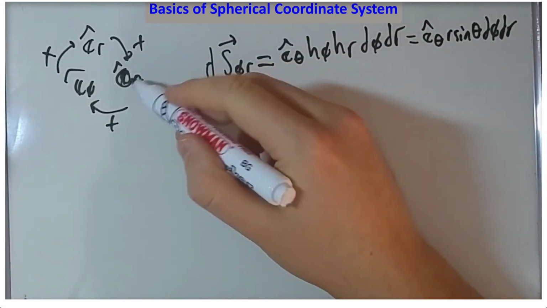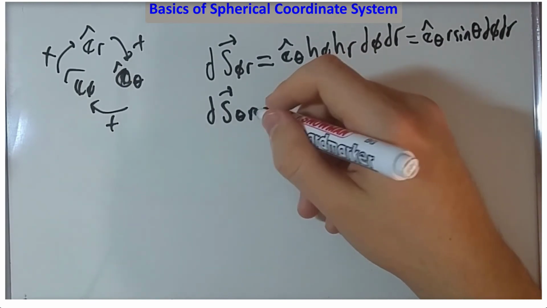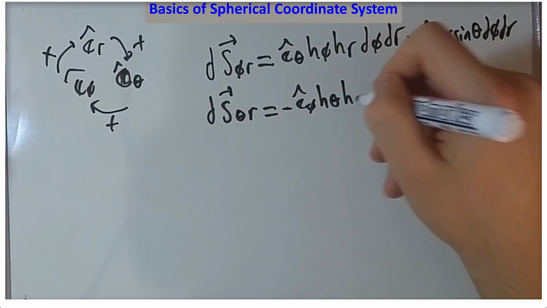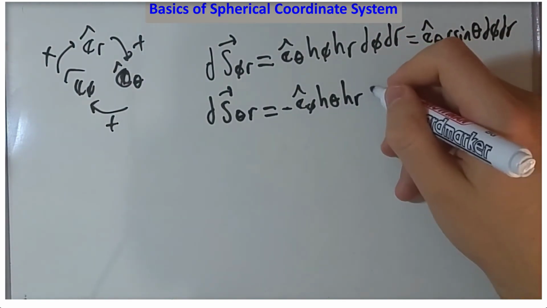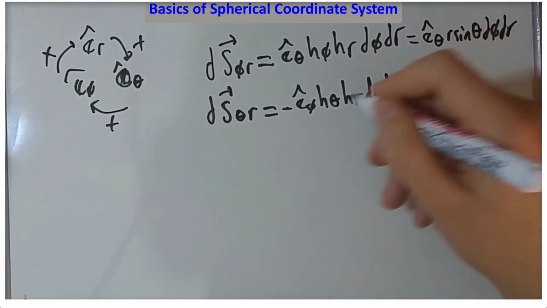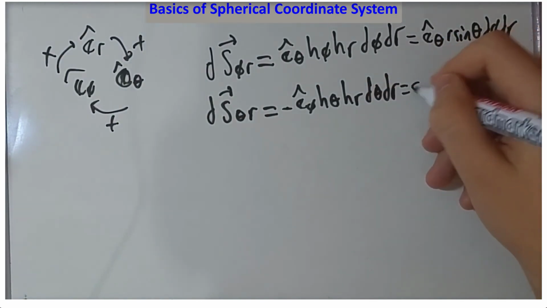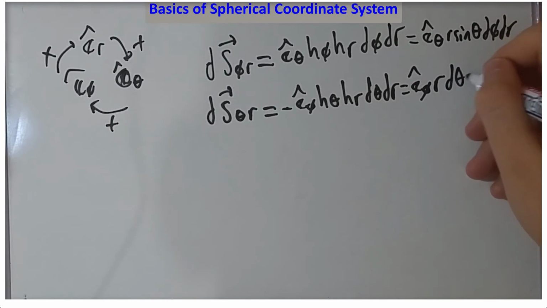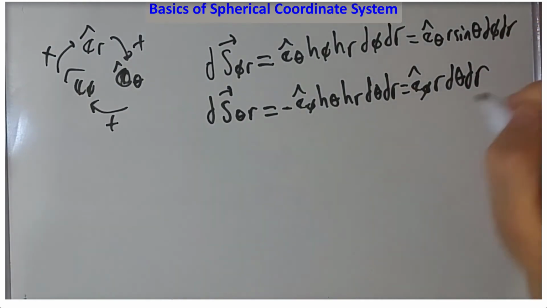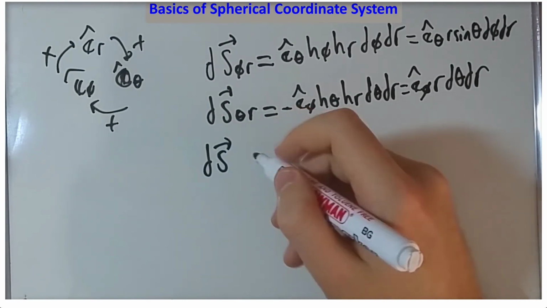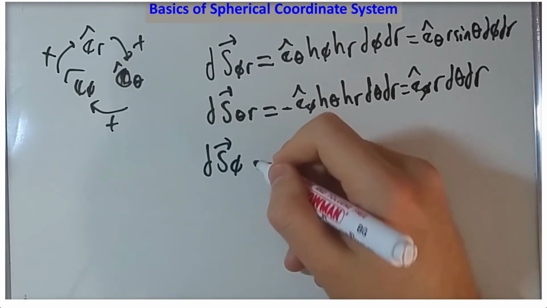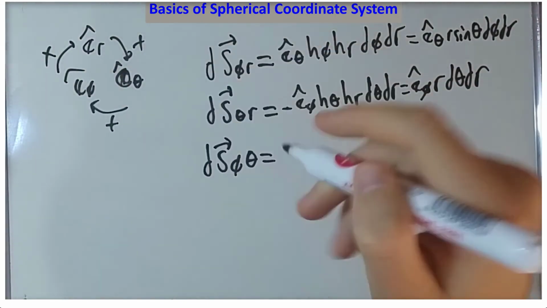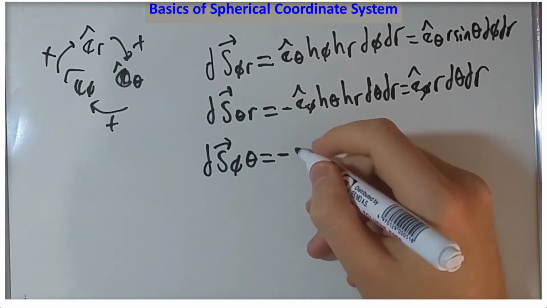Minus because it's clockwise while going from theta to r. Which one is non-existent? E phi, h theta, h r, d theta, dr. H theta equals r and hr equals 1. So r d theta dr in the direction of e phi. Finally, let's write ds for phi theta. Since it is counterclockwise when going from phi to theta, it is minus. Which one is non-existent again?